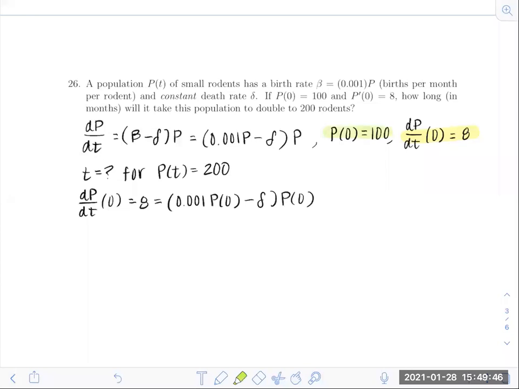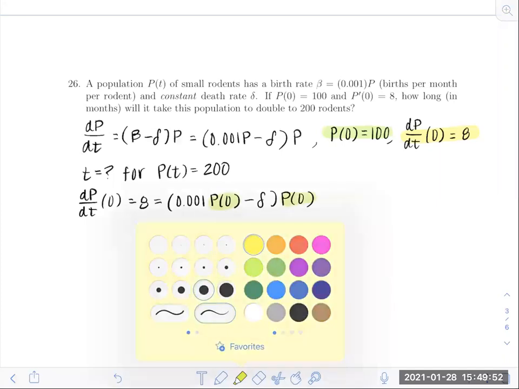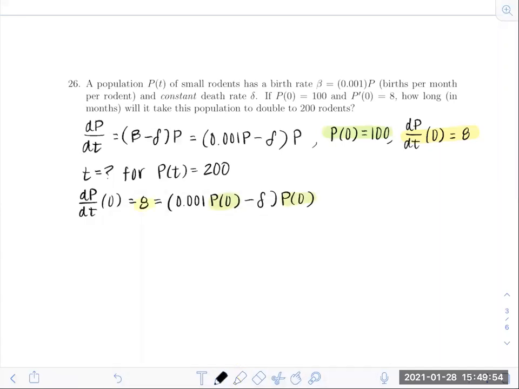I'll highlight that in green, and we're going to plug that in here and here. And here again, we already plugged in the yellow initial condition. So in other words, we have 8 is equal to 0.001 times 100 minus delta times 100.